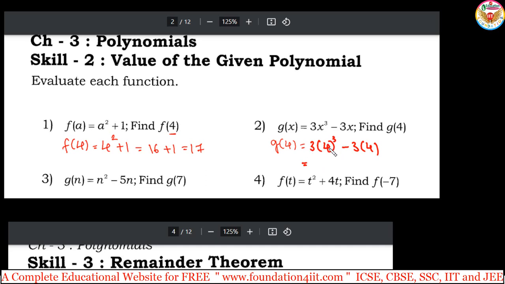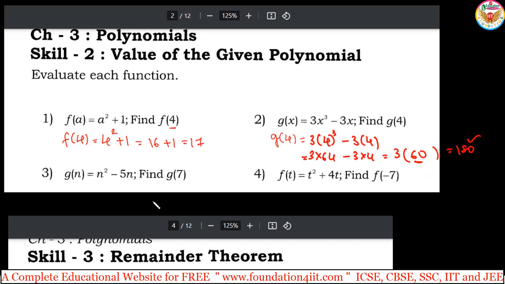Cube is only for 4, remember. 4 cube is 4 into 4 into 4. 4 fours are 16, 16 fours are 64. So 3 into 64 minus 3 into 4. If you take 3 common, 64 minus 4 is 60, so 3 into 60, 180. This is easy for calculations. Even if you multiply 3 into 64 and 3 into 4 and subtract, you'll get 180 only. Okay. You can use the short tricks.